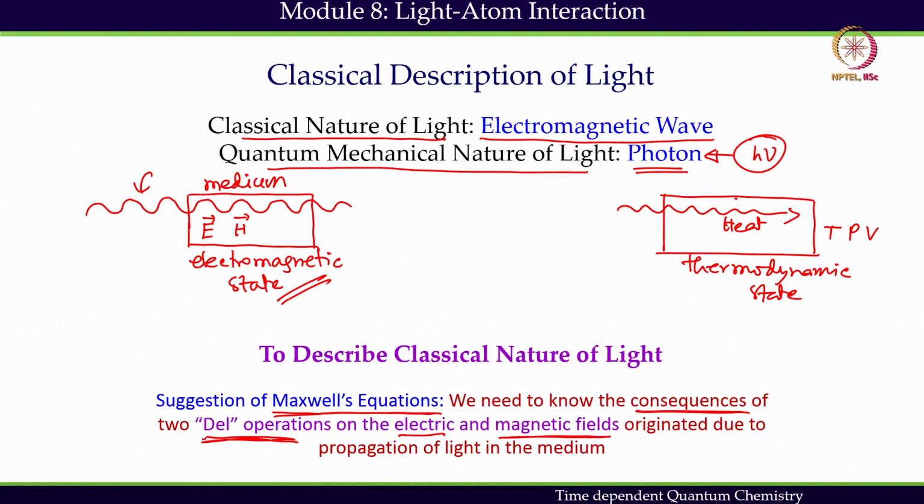So, let us say in this medium, or in this room, light is propagating. How do I know what is propagating? I will be able to check the nature of the electric and magnetic field in the medium, and if it is following a certain nature, I will be able to confirm that light is propagating, and that is the way we can describe the true nature of light classically. So that is the classical nature of light.